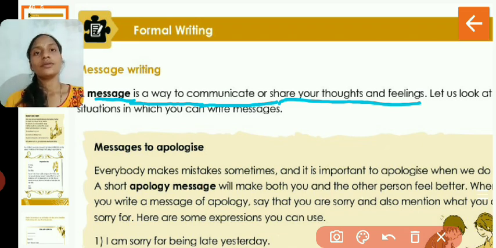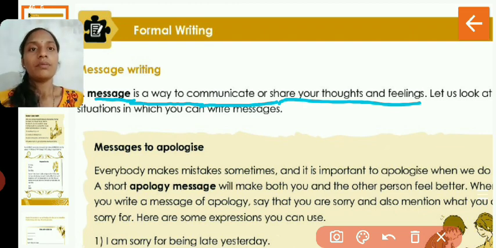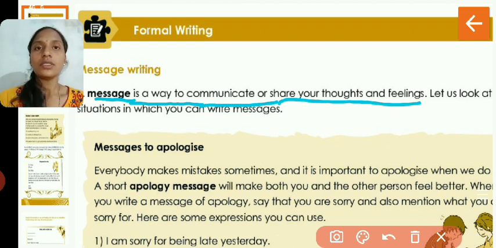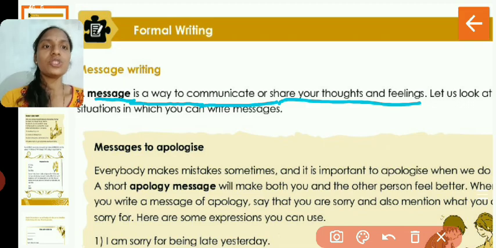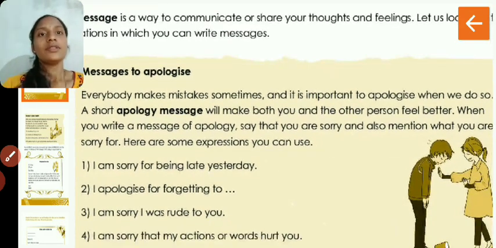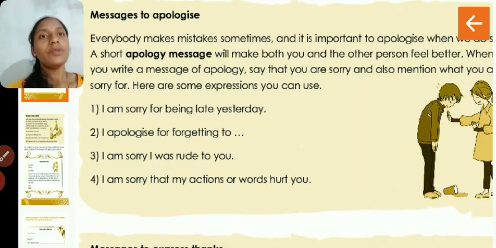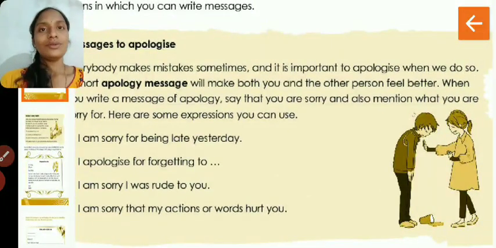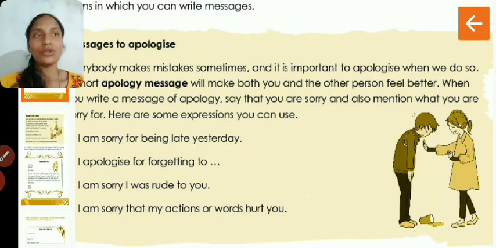So many times we find the message of apology, message to apologize. Apologize means to say sorry. So in which kind of situations we say sorry? Yes, see, everybody makes mistakes sometimes, and it is important to apologize when we do so.